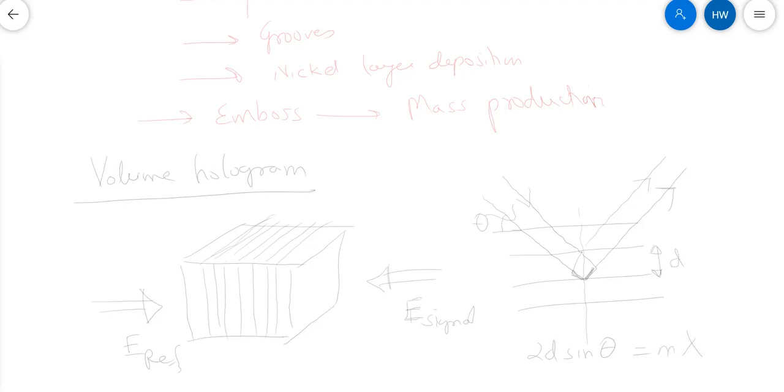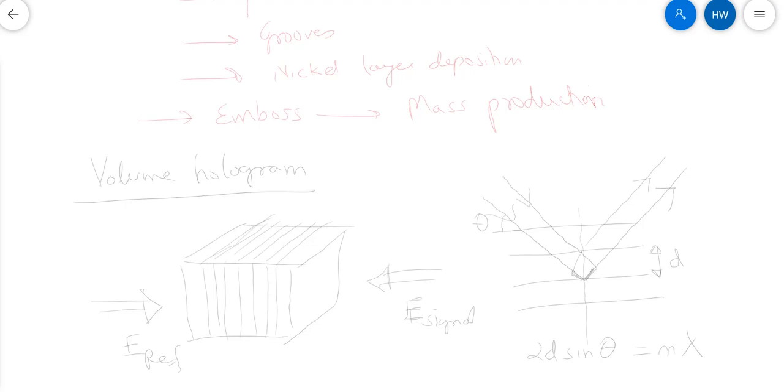So now what happens in the volume hologram is that in a particular direction, a specific lambda gets scattered. So a single lambda gets reinforced at a particular theta. So the thicker the film or the emulsion, the greater is going to be this reinforcement of a particular lambda in a particular direction.